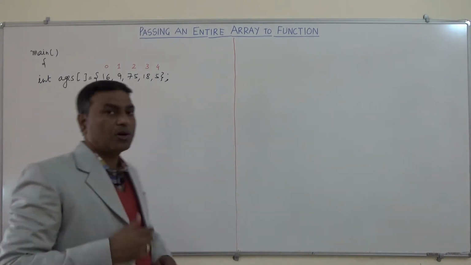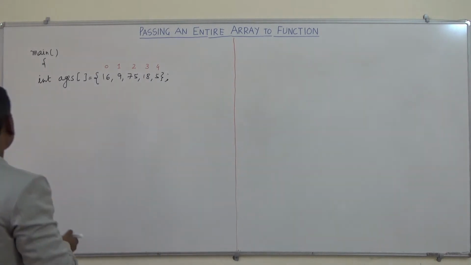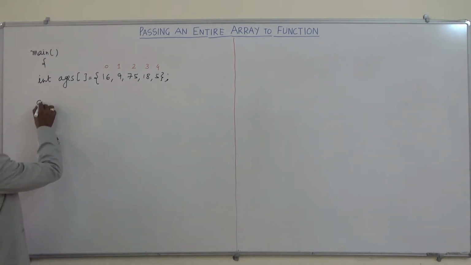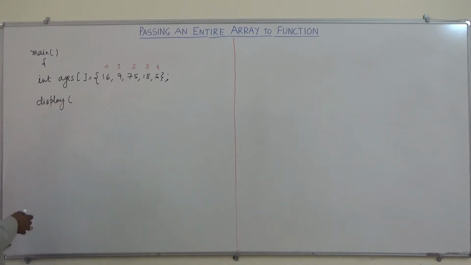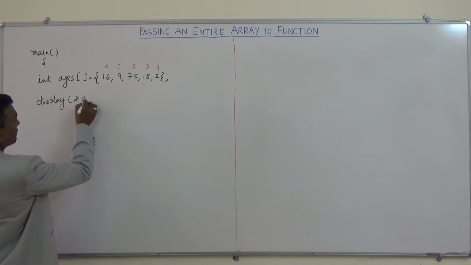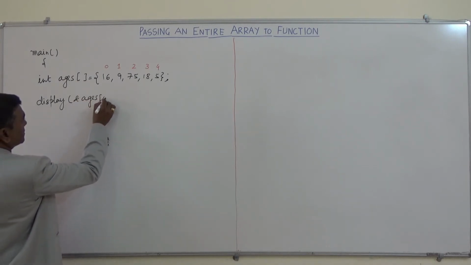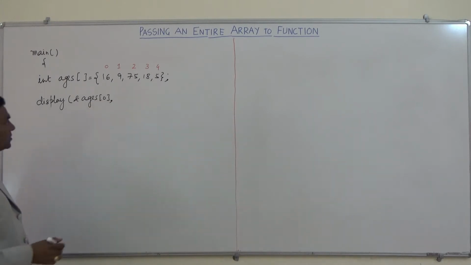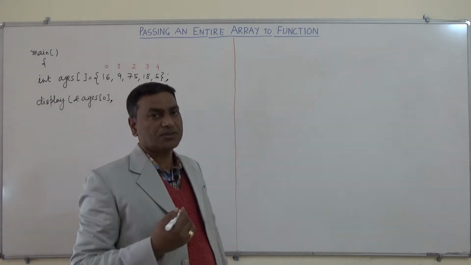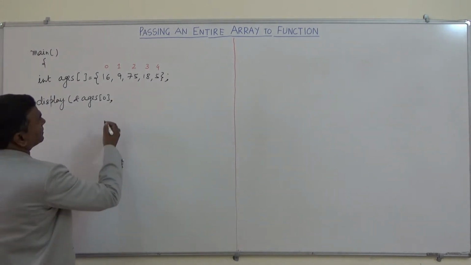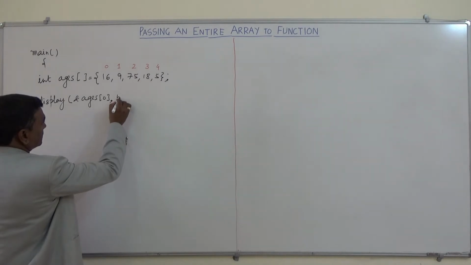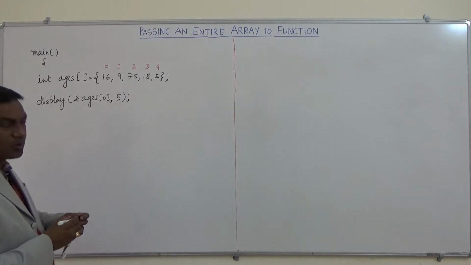Now we will call a function. Let us call a function display. In this function we are going to pass the address, ages. So here we are passing the address of 0th element, and also we are passing the total number of elements, that is 5. So this is the calling function.